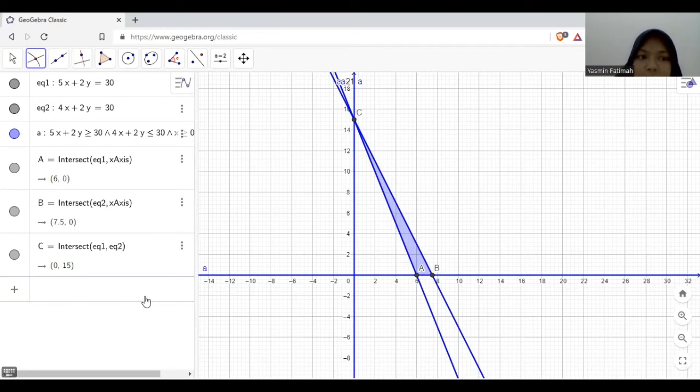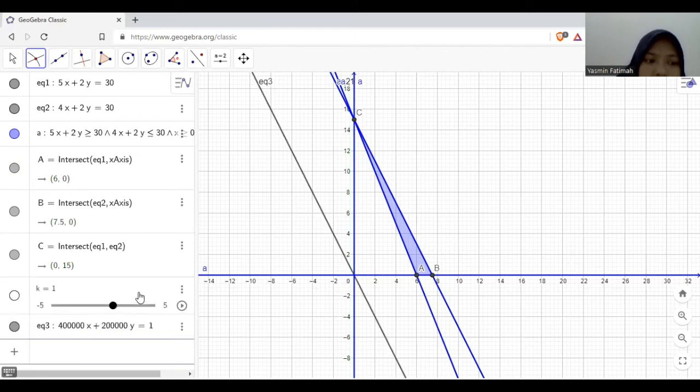And then we will solve this by the ruler method or line of inquiry. So we input the objective function, that is 400,000x plus 200,000y equal to k.